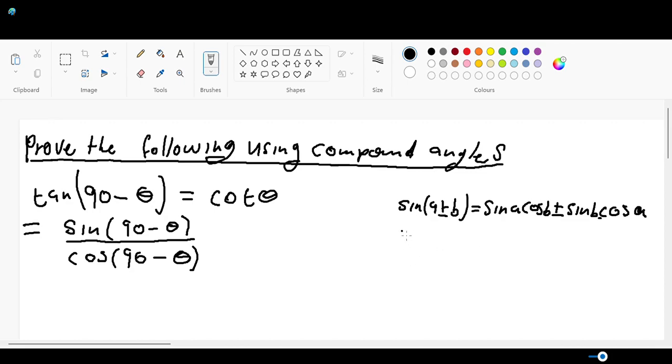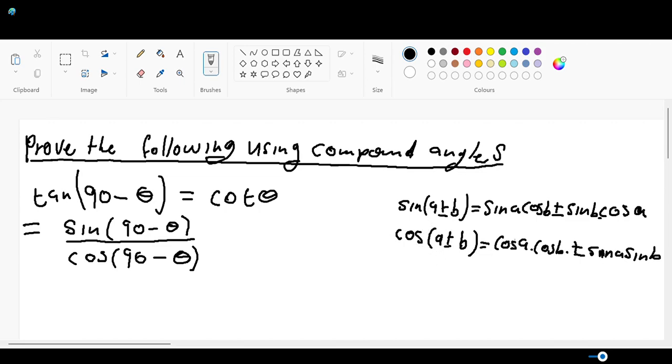What about for cos? For cos, it's cos of A plus or minus B. Now it's going to be cos A multiplied by cos B, and then plus or minus sine A and sine B. So these are the compound angle formulas for cos and sine.